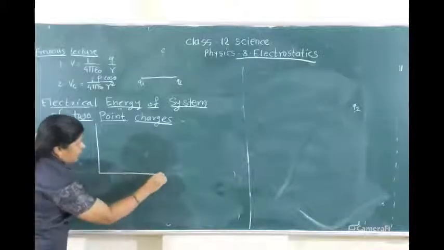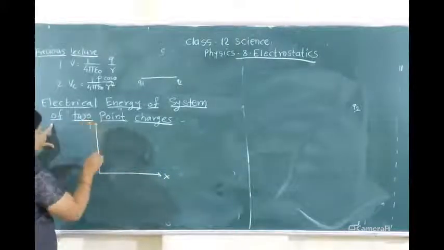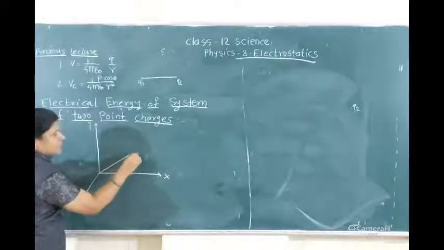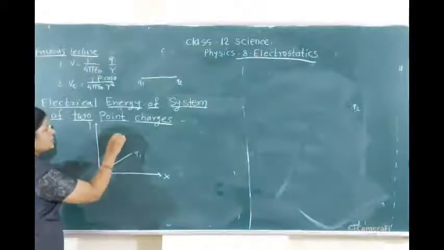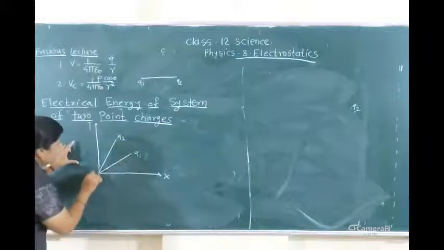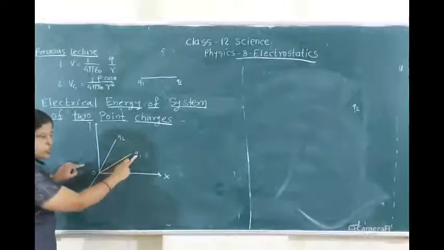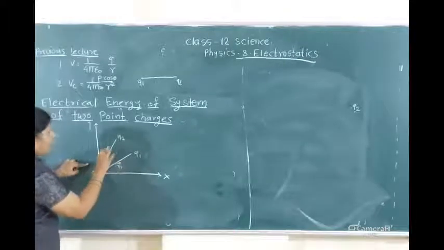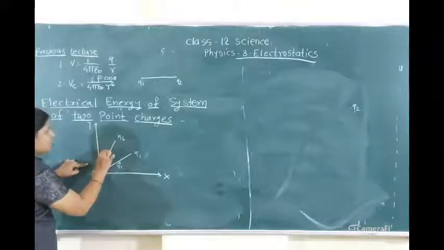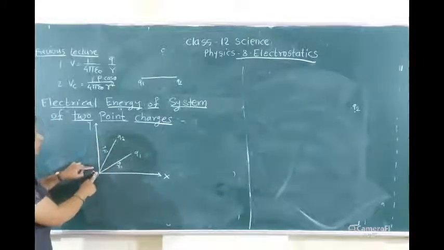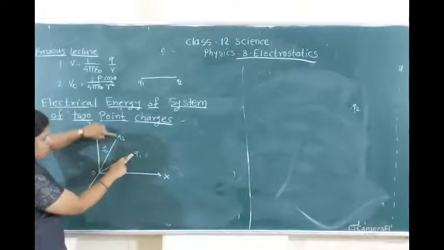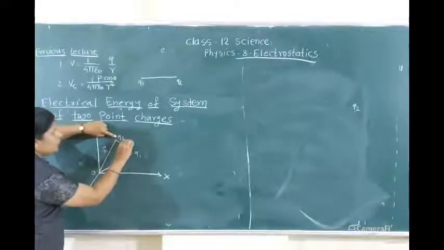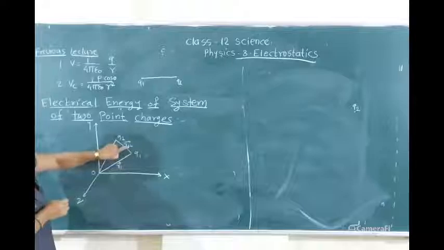This is the XY coordinate system, and there are two charges, say Q1 and Q2, from the point O. This charge Q1 is at a distance R1 and this charge Q2 is at a distance R2 from the point O. Charge Q2 is at a distance R12 from Q1.